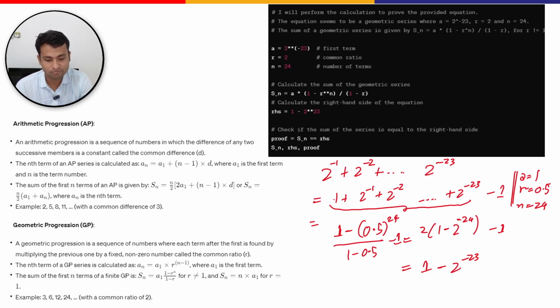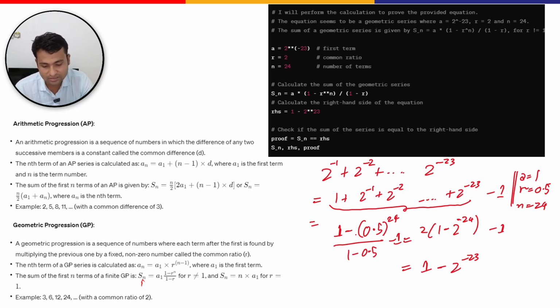You add 1 plus 1 and minus 1, and then according to the geometric progression, if your first term is a1 and you have to calculate S of n up to n terms, then it's the first term into 1 minus the ratio raised to the power of the total number of terms. So how many terms are there in this GP? 24 terms, 23 coming from here and 1 which we added.